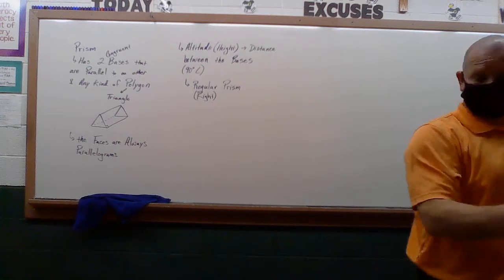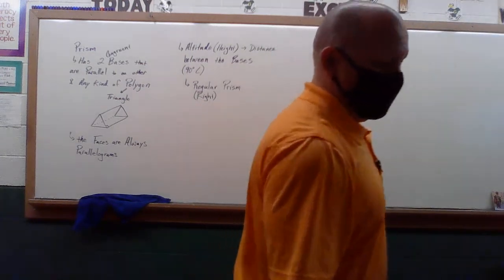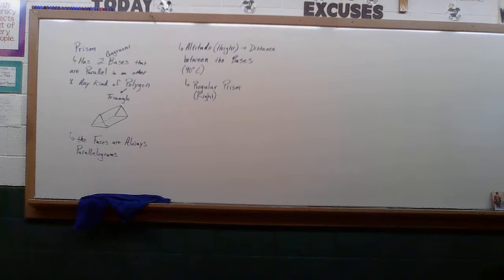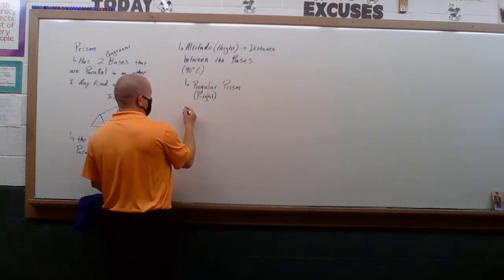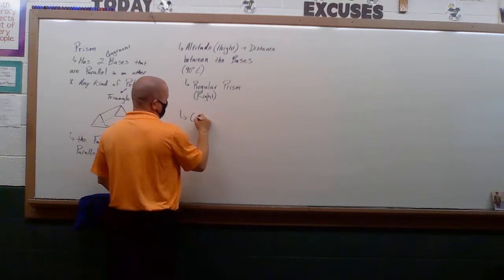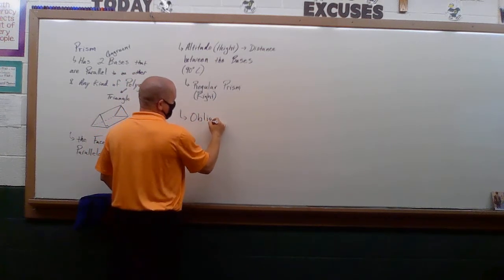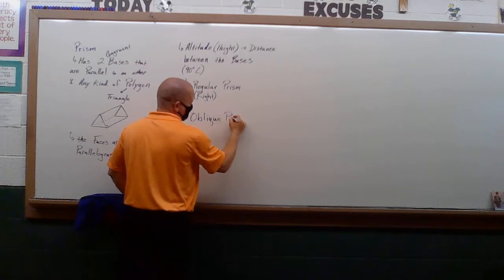So it's perfect. Any idea what it's called if it's a prism, but it's kind of slanted? Good guess. So this is one kind. My other one is an oblique prism.